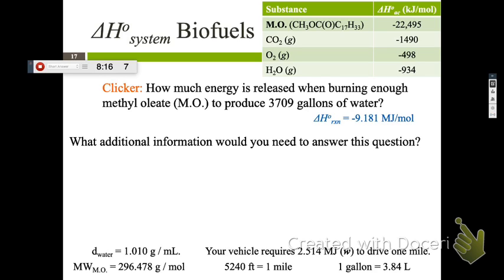Oh, so we don't have to put negative, since it said these already. That is true. So that energy is per mole. No, it's just 9.1.